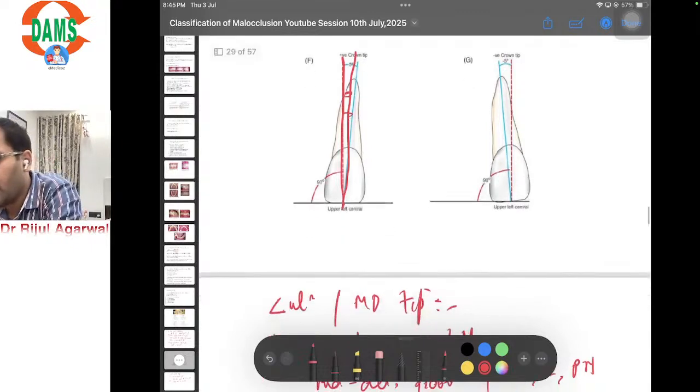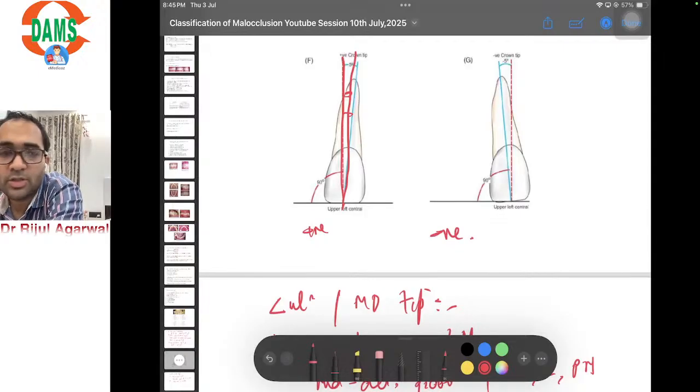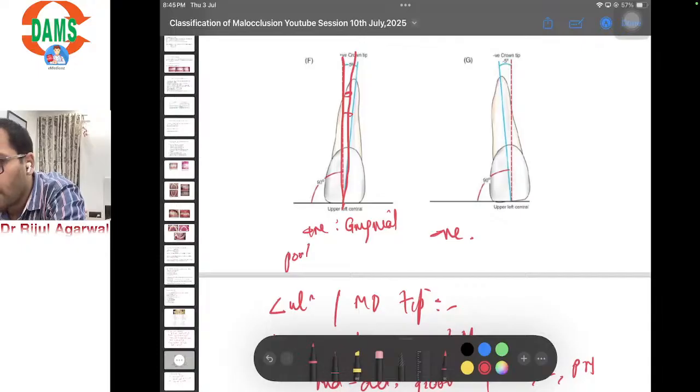What is important is, when is this angle positive and when is it negative? This angle is positive when the gingival portion is distal to the incisal portion.